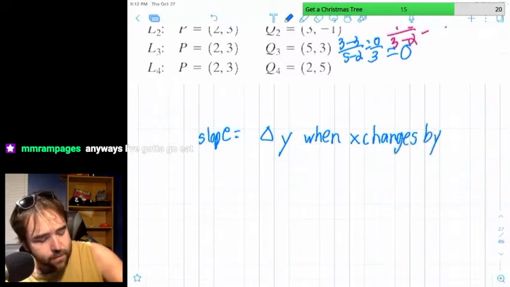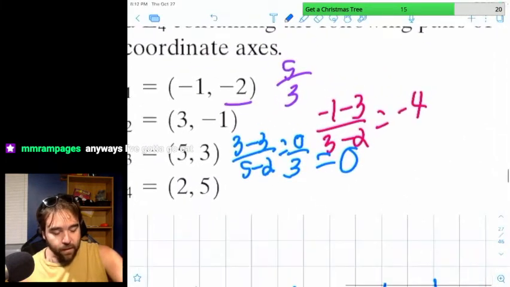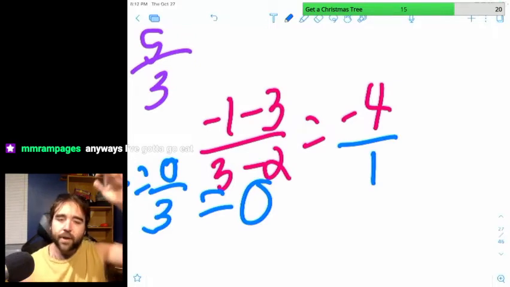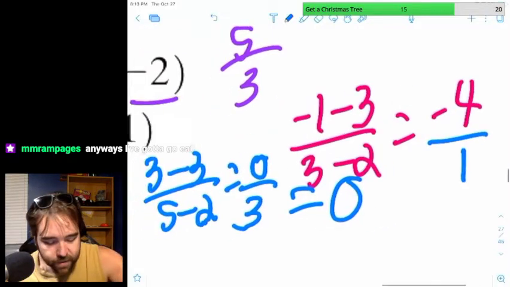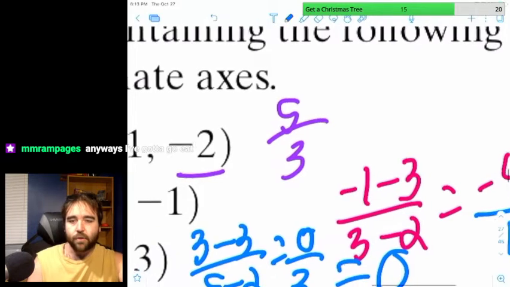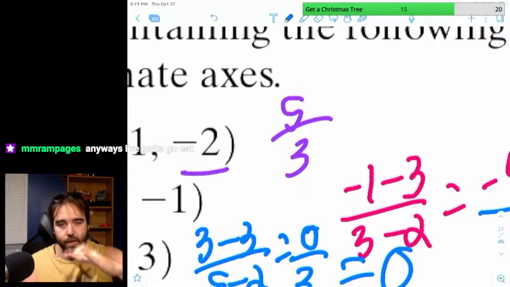That's the real way to think about the slope, that it's when x changes by 1. And it's like that because, like here, if the slope is just a number, it's always over 1. So see how that's saying the y goes down by 4 when x goes up by 1. But then even over here when the slope is 5/3, it's totally fair to say, like you usually say, that y goes up by 5 when x goes up by 3.